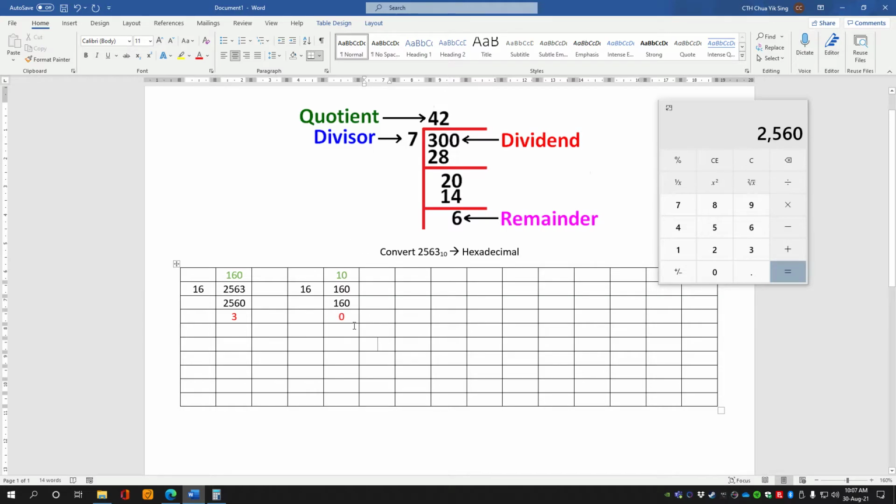So now you may ask yourself, do we still keep dividing or do we stop here? The answer is we will keep dividing until the divisor is bigger than the dividend. That will be the last time we do the division. So in this case, we have this quotient. It will become the new dividend.